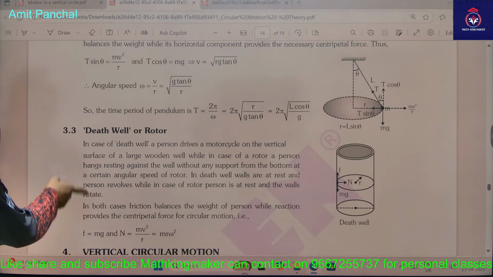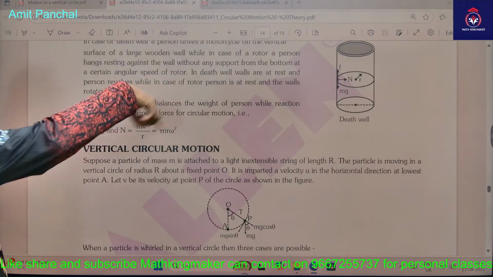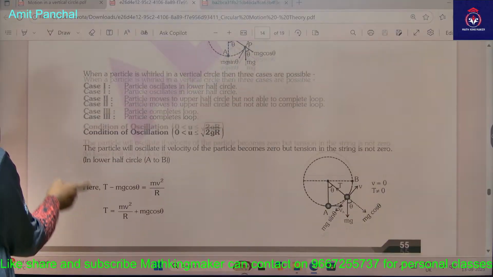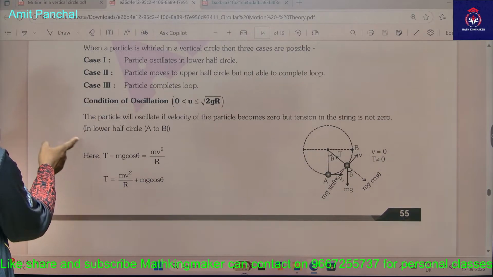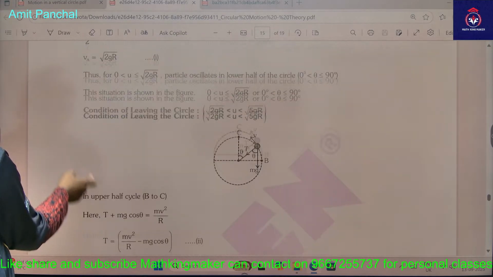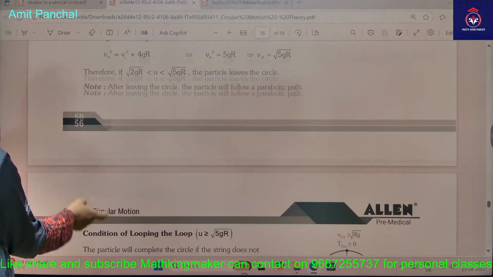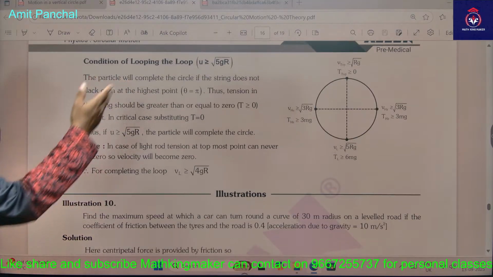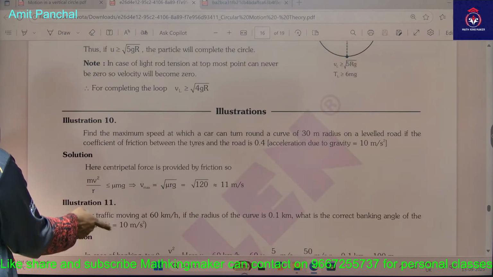Death well rotor we already discussed. Vertical circular motion, condition of oscillation, and condition of looping the loop we discussed today.